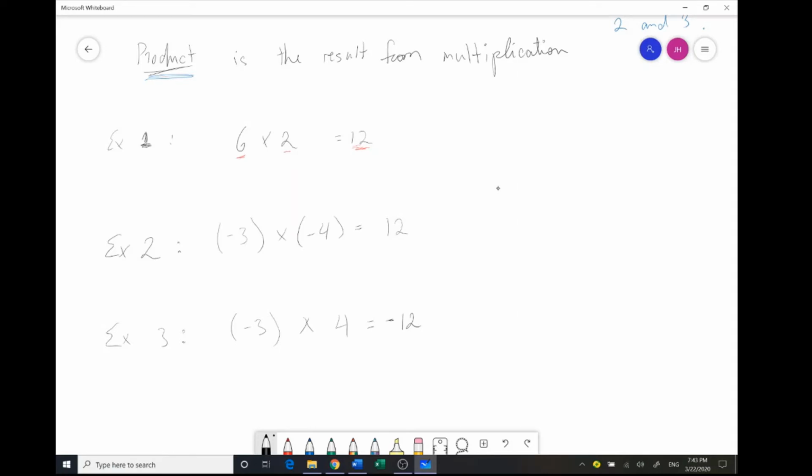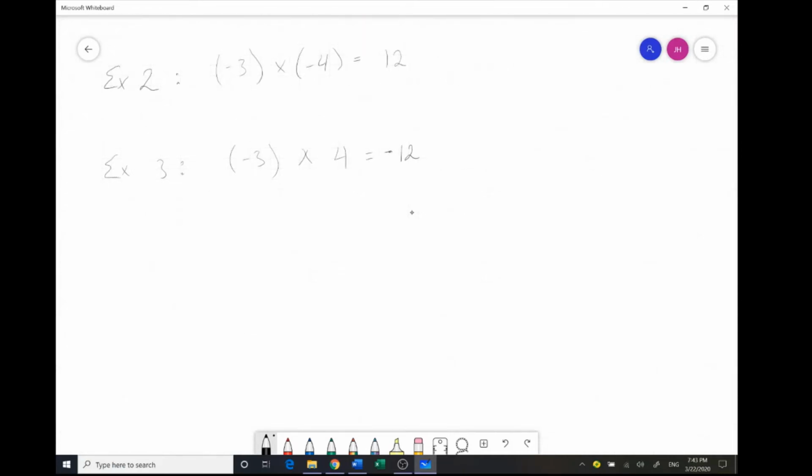Now let us work on a few examples so we can see how it actually looks. Question number 4: say I have negative 12 times negative 8.